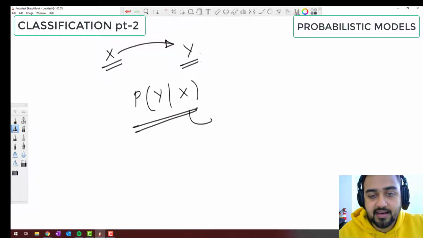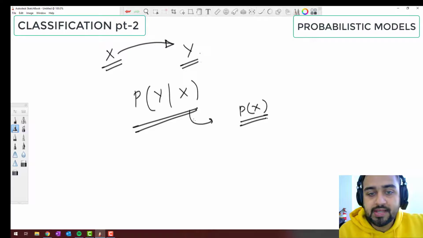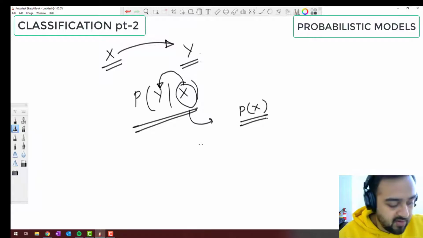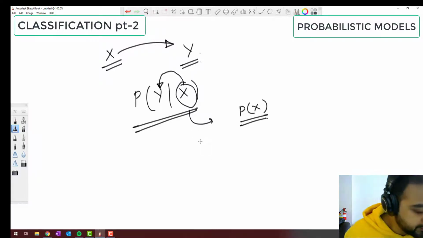That is, if X occurs with the probability P of X, then what is the probability that if X occurs, then Y will occur. That is what a posterior distribution is.